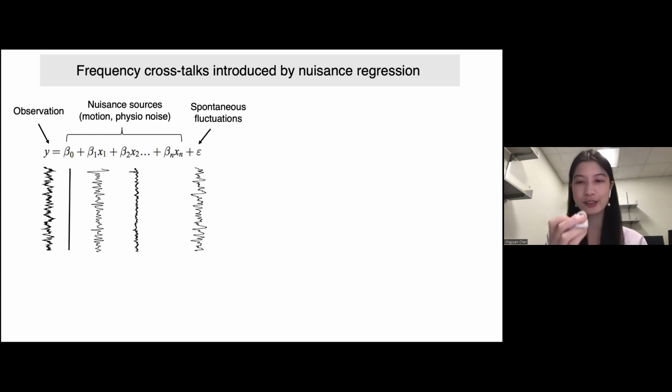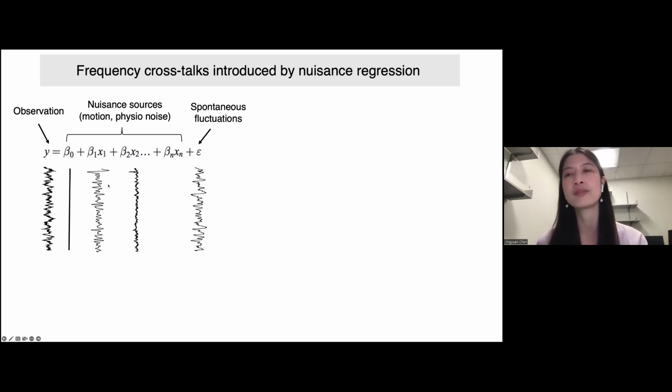The idea is actually very simple. For fMRI data analysis, usually people will do a preprocessing step called nuisance regression. For instance, this is your fMRI time course. You think this data comprises interesting neuronal fluctuations in the residual, but also many known nuisance factors such as the subject's motion or physiological changes like heart rate or respiration changes.